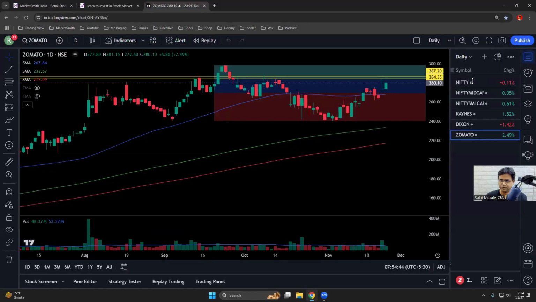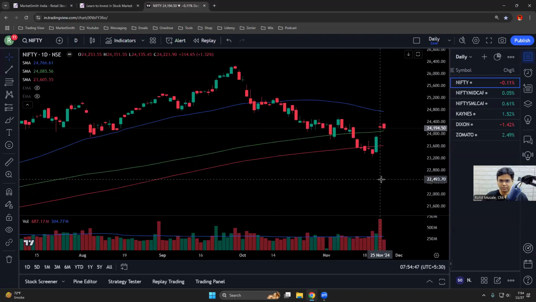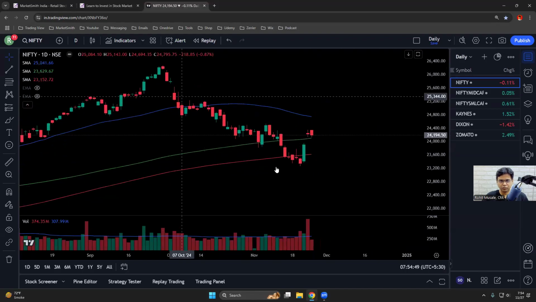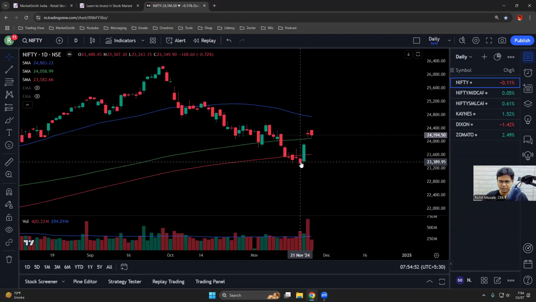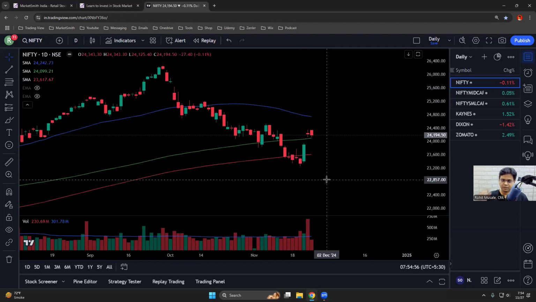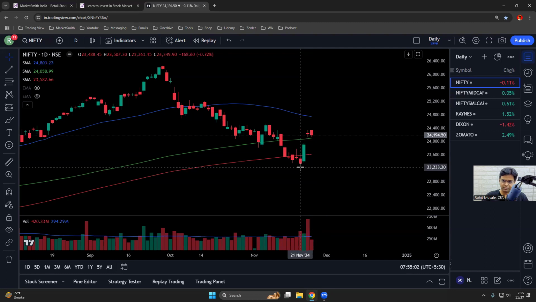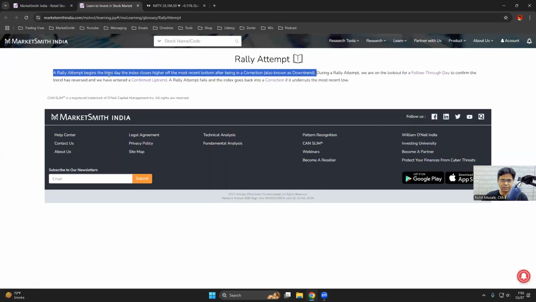So you go to Nifty. You see what is the most recent bottom? The low of this candle, right? After the low of this candle, we want three candles which consecutively close above the low of this candle. That's what they are trying to say here.